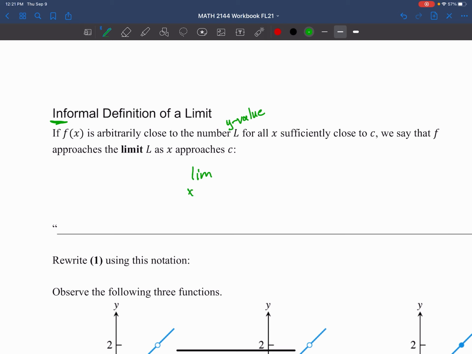The limit as x approaches c of f of x is equal to L. So there you now have the English representation of the symbols I wrote above.